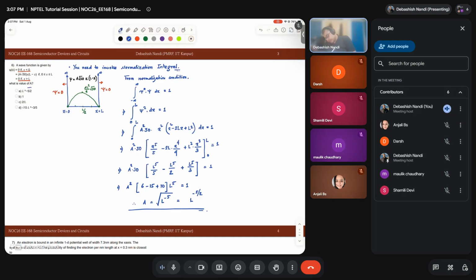So this one will be your correct answer. Fine. The basic crux of this problem was to identify that this profile essentially emulates your infinite potential well problem. Once you know that, it is just a simple integration. I hope there should not be any doubt in this, or if there is, you can ask.